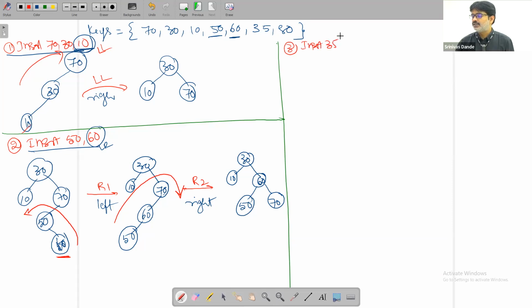I think 35 itself will cause a problem. We'll see that. First take the tree. This is the current tree we have. Current tree is 30, 10, 60, 50, and 70. So where does 35 have to sit? 35 will come in.